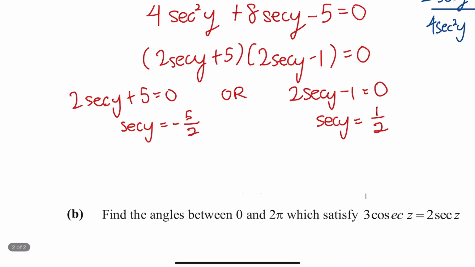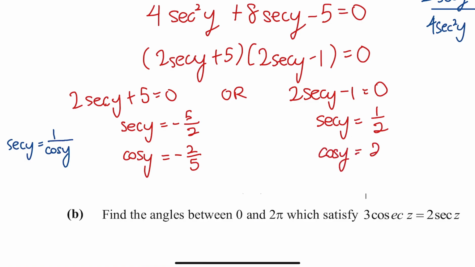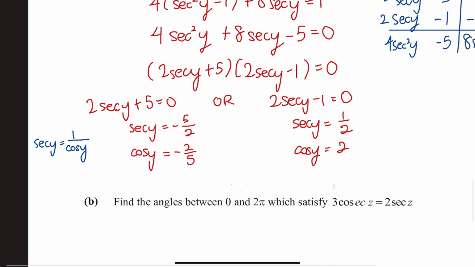I draw at the side, secant y is equal to 1 over cosine y. Remember, for reciprocal functions, you always look at the third letter, c. So this means that cosine y is the inverse of this reciprocal, which is negative 2 over 5. Over here, cosine y, I flip this fraction, it is equal to 2.